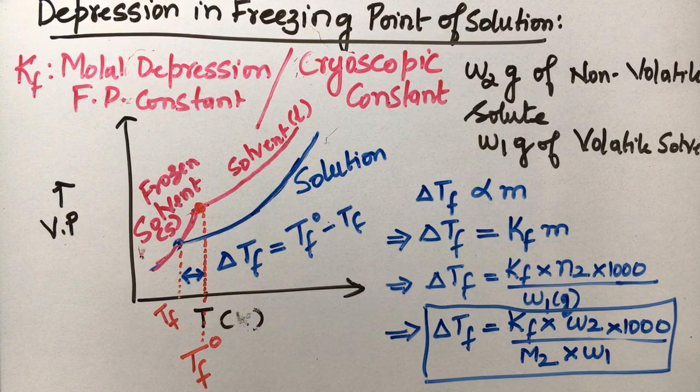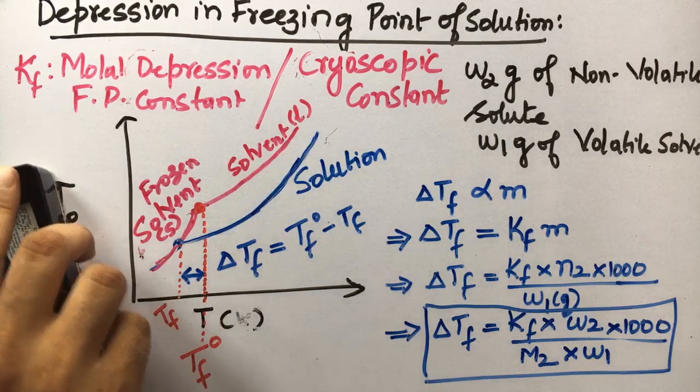Molar depression freezing point constant, or cryoscopic constant. This graph is already given in your material, students.